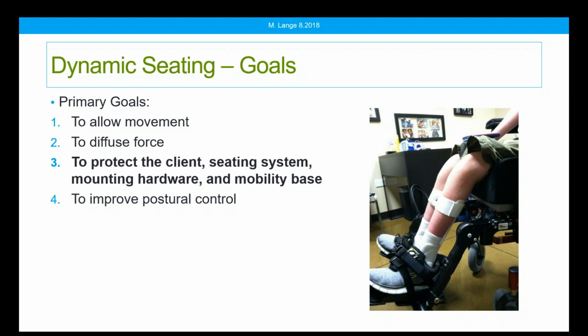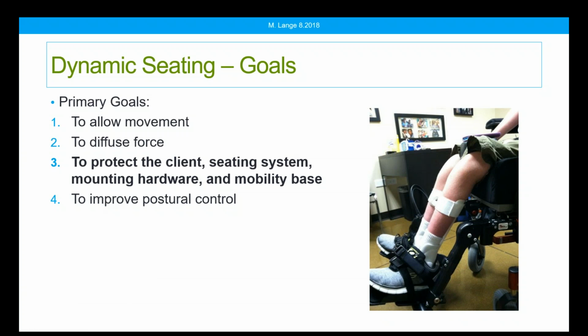And the webinar back in June actually addresses those first 2 goals, where we're using dynamic seating to allow that movement and diffuse those forces. We're talking today mostly about our 3rd goal, and that is protecting the client, the seating system, the mounting hardware, and the mobility base.